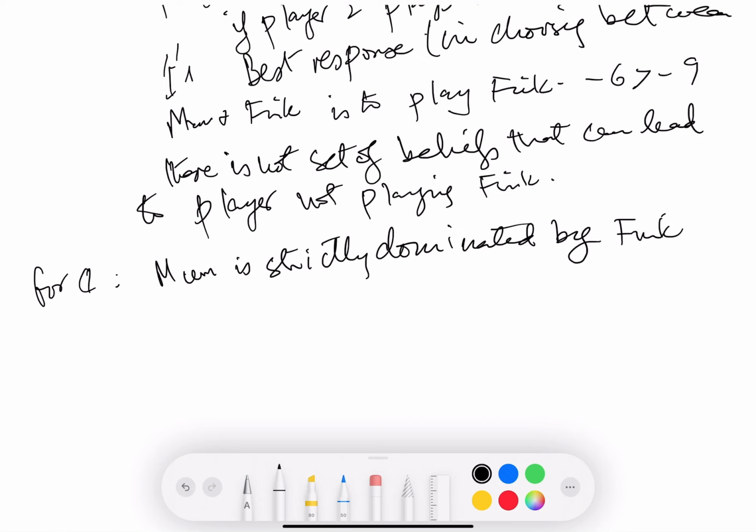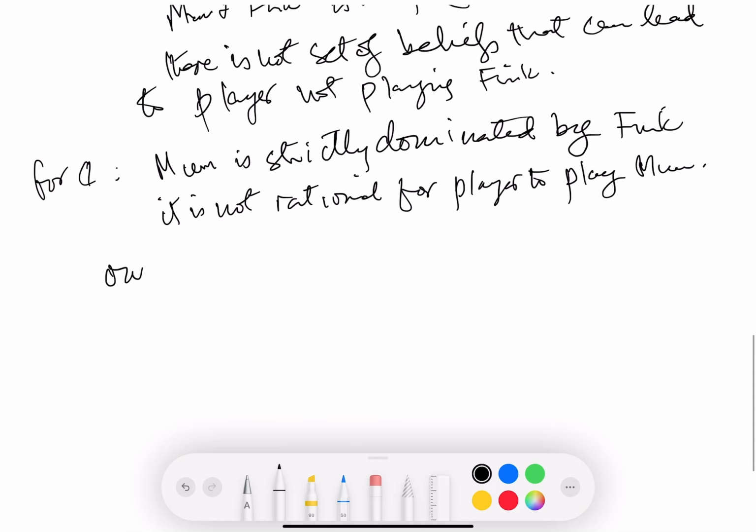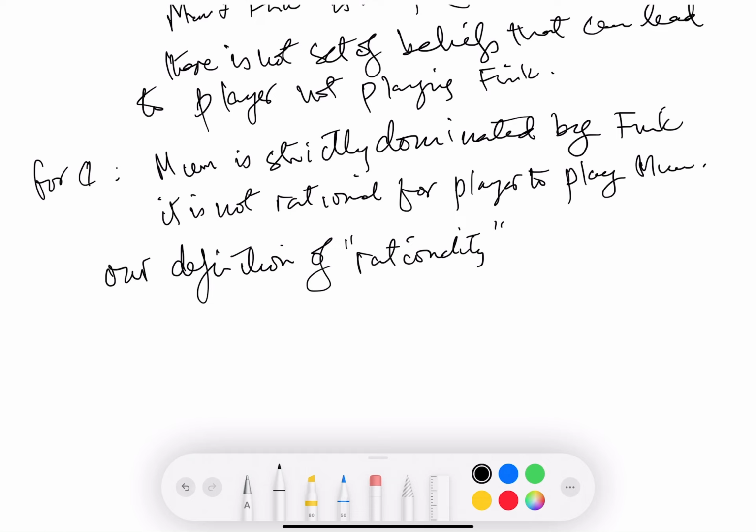Right? It is not rational for player 1 to play mum. That's our definition of rationality. It is our first definition. We can talk about it a lot. You know, von Neumann had defined rationality in economic theory.